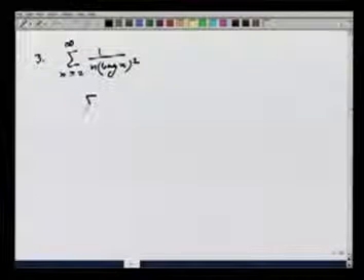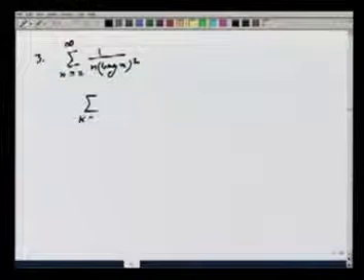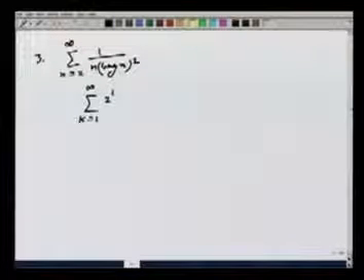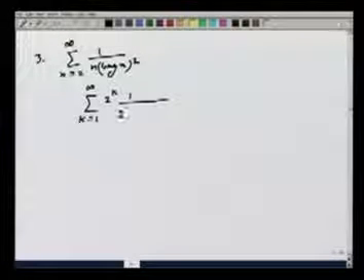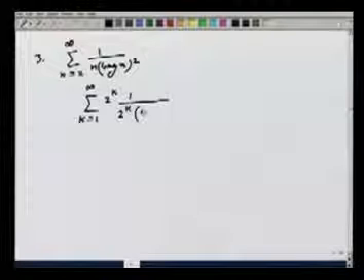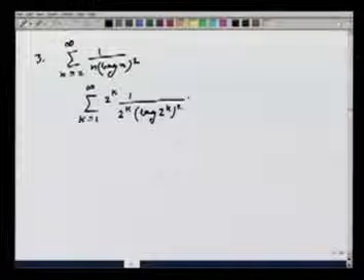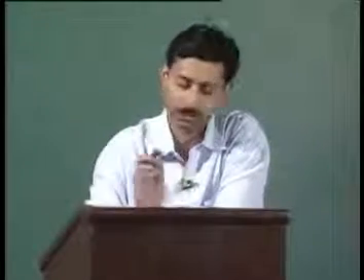I will get summation k from 1 to infinity 2 to the power k, then a 2 to the power k means 1 by 2 to the power k log 2 to the power k whole square. So all you do is, instead of n, write 2 to the power k times a of 2 to the power k. Instead of n just put 2 to the power k and multiply it by 2 to the power k. That is the series which appears in the Cauchy's condensation test.